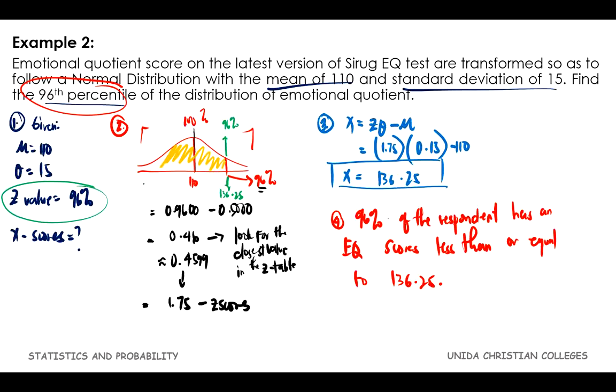Okay, so ang EQ nila is 136.25 pababa. So, pwedeng 100, pwedeng 50, pwedeng wala silang EQ. Nakukuha po. Basta ang pinaka-maximum ng 96% ng respondent is 136.25.